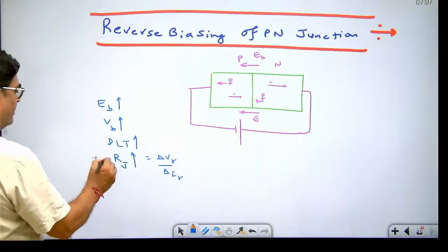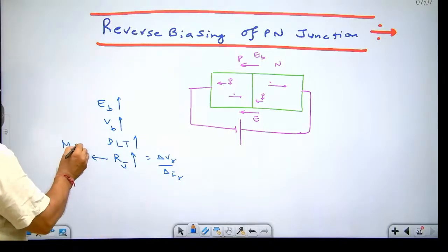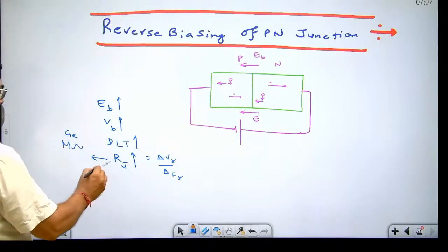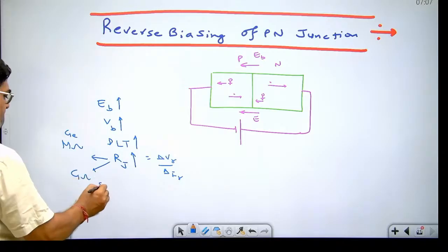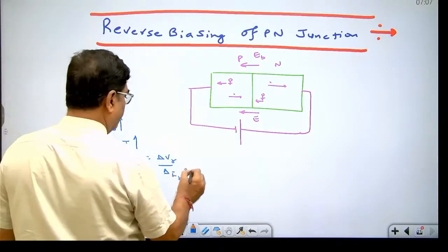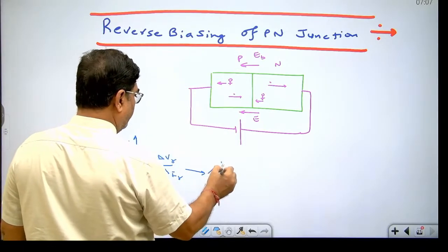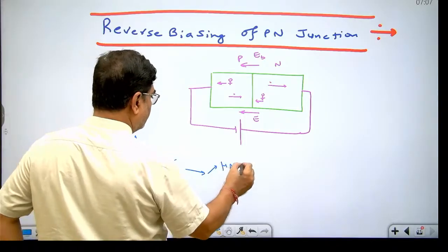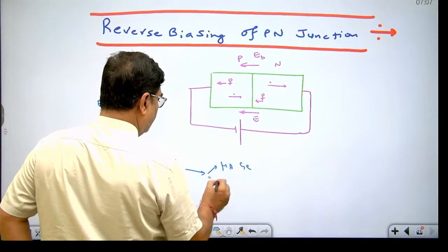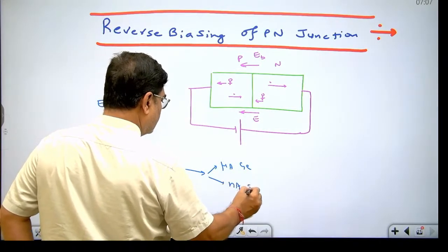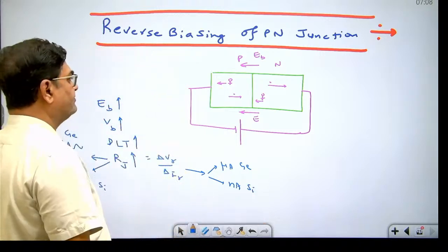This remains of the order of mega ohm in germanium crystal and giga ohm in case of silicon crystal. The current remains of the order of microampere in case of germanium crystal and nanoampere in case of silicon crystal.